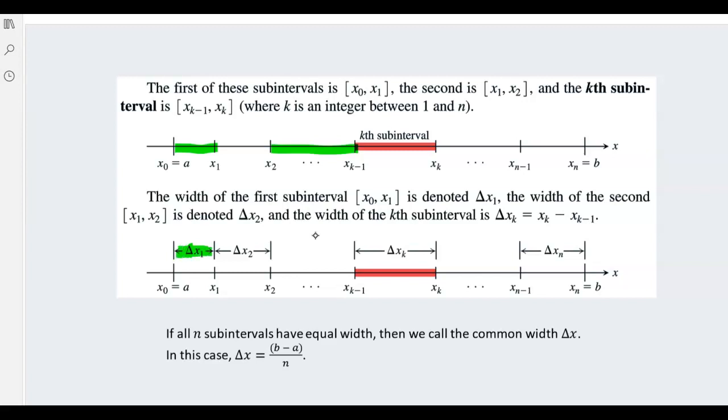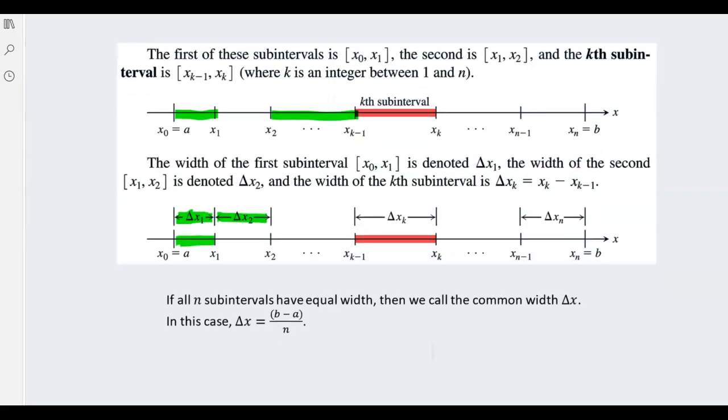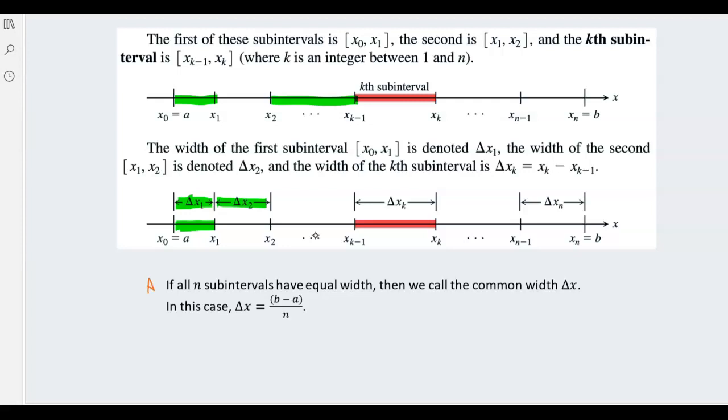So the change for x sub 1 is whatever this width is, that's going to be the base of our rectangle. And delta x sub 2 is also going to be the base of a different rectangle, not necessarily the same width. In the last section, we had our delta x's, the base of our rectangles, the same for every single one.